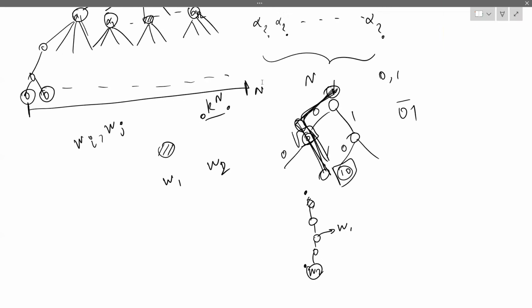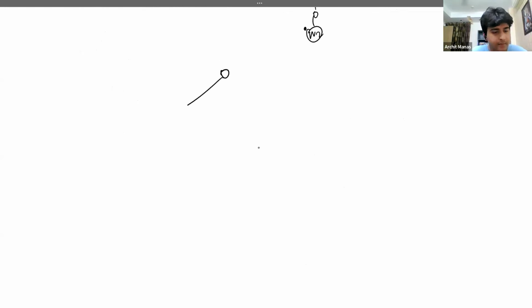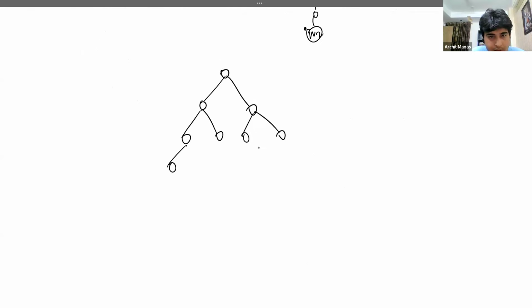Okay. So now let's try to look at this in the context of this tree. Let's say the alphabet size was 2. So in that case, you have this tree. I'm going to cut it here because it will become really messy if I draw more vertices.